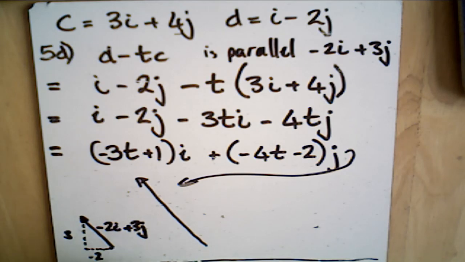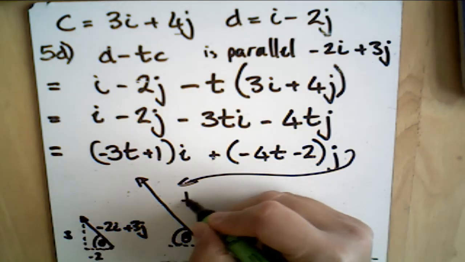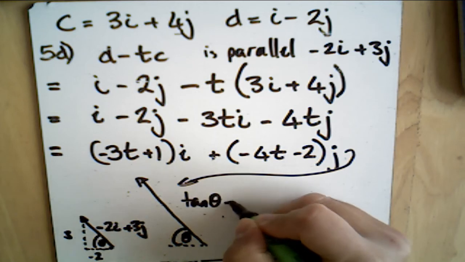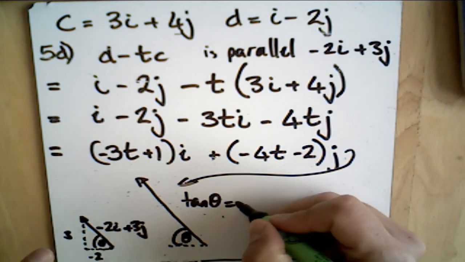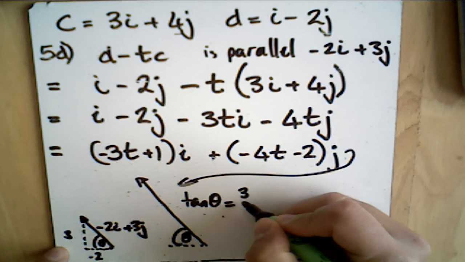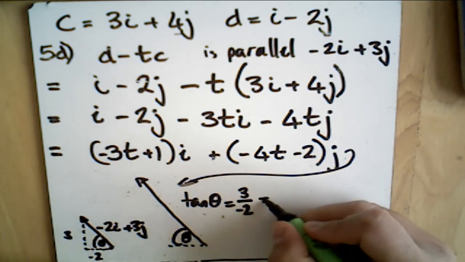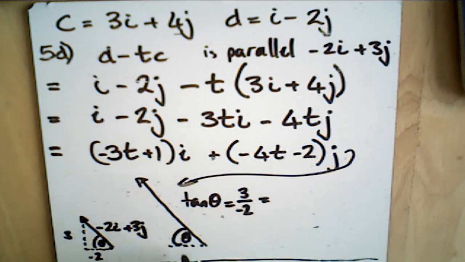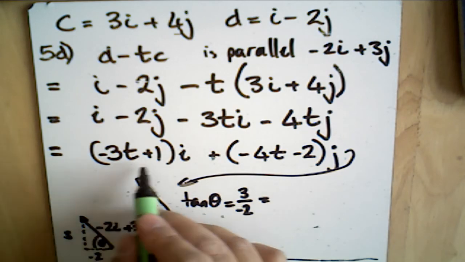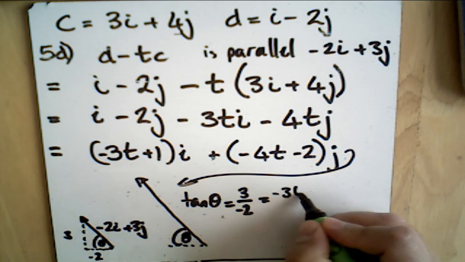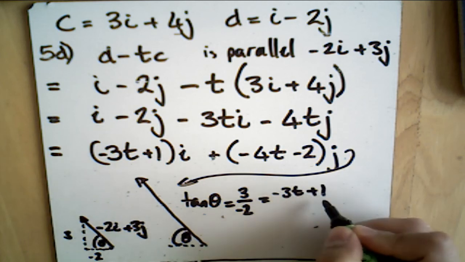And what I can see from this bit is that this angle and this angle are equal to each other. If I use this part of the equation, I can say that tan of theta, thinking back to our good old days of trig, the opposite over the adjacent, will be the 3 divided by the negative 2. And that's got to be the same for the tan of theta for this bit. But this horizontal part is this bit here, the negative 3t plus the 1.